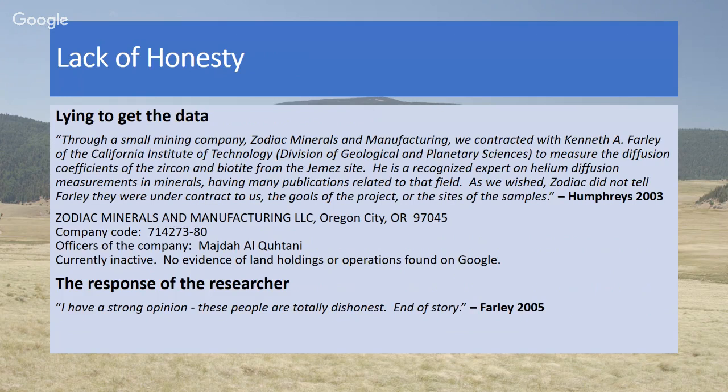But all the while, Kenneth Farley thinks he is working for a mining company, and then one day he goes to a conference and finds that the data that he took is published by Young Earth Creationists. Totally caught by surprise. And when I tried to contact Farley back in 2005, he did not want to talk much about it, but he had 13 words to say.